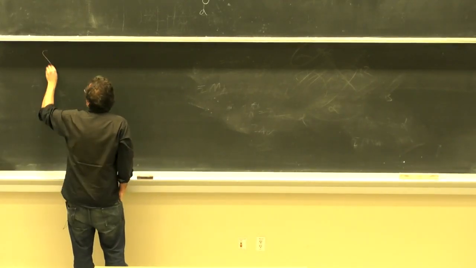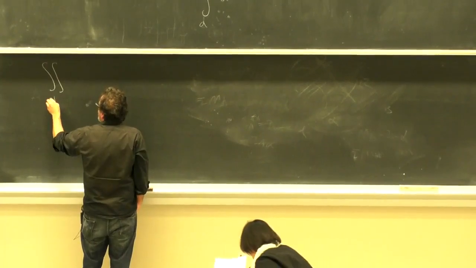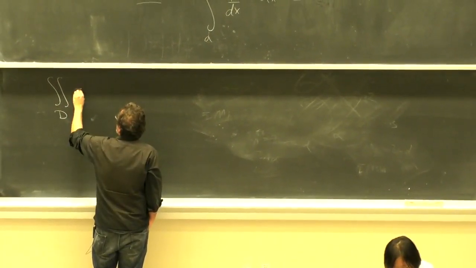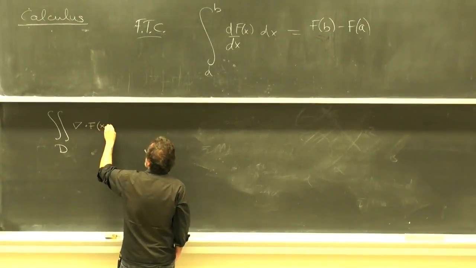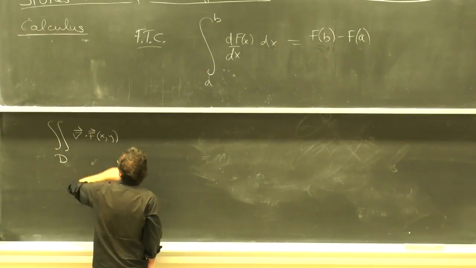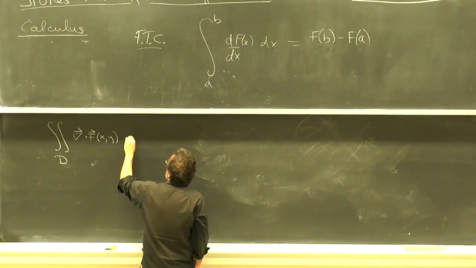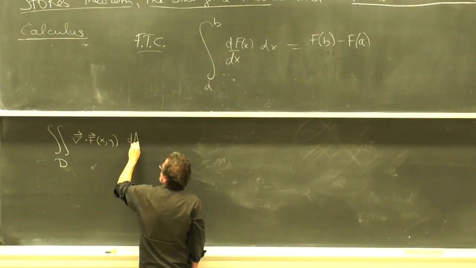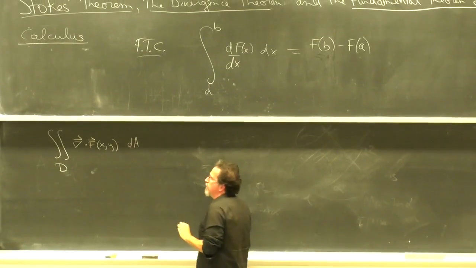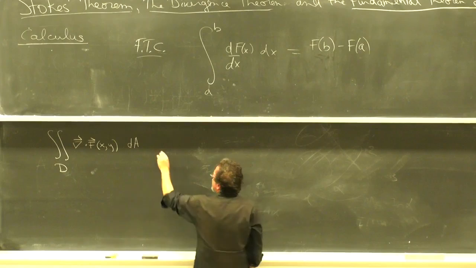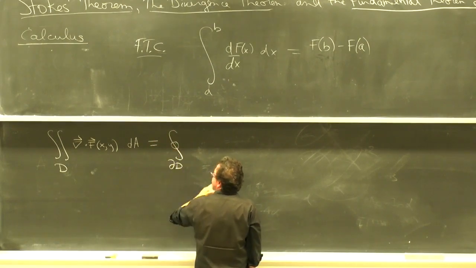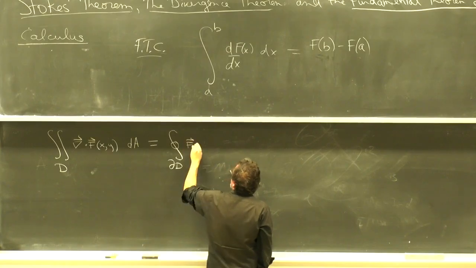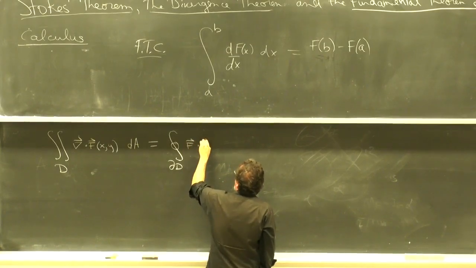Green's theorem says the integral over the domain of the divergence of a function, say a vector-valued function of x and y of 2 variables, integrated with respect to the area element on that domain, is equal to the integral over the boundary of the domain D of f of the location along the boundary dotted into n hat ds.